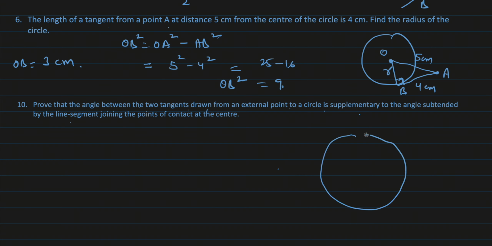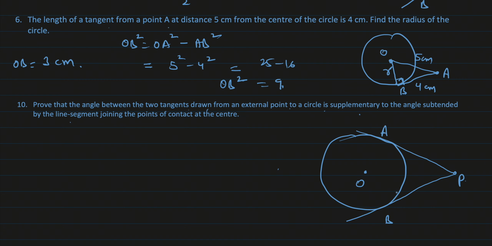You have this circle, there is a center, take a point P outside and draw two tangents. This is not coming well, let me draw it a little better. Yeah, now better. So we have PA, PB.